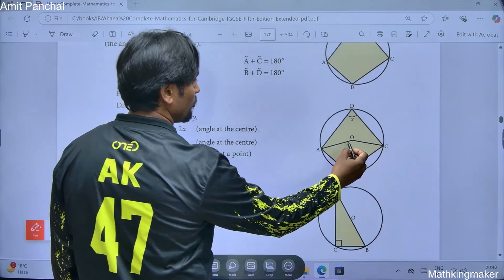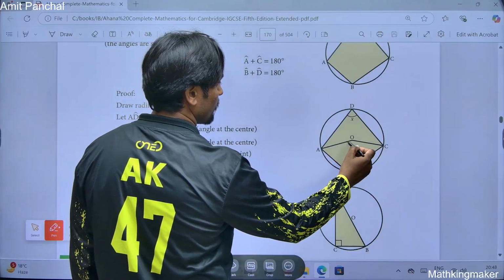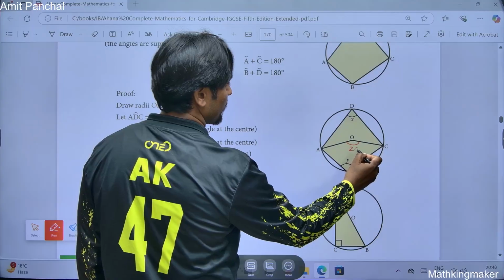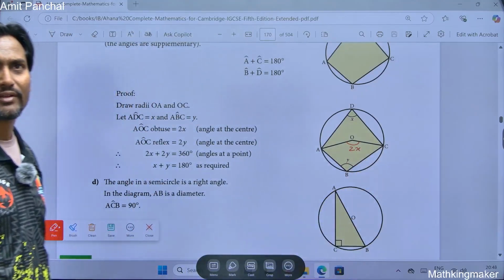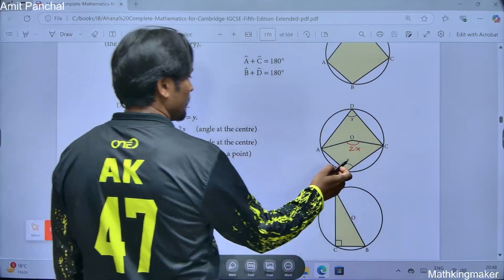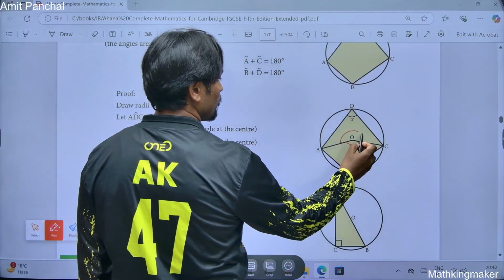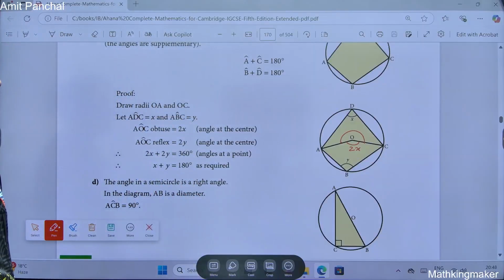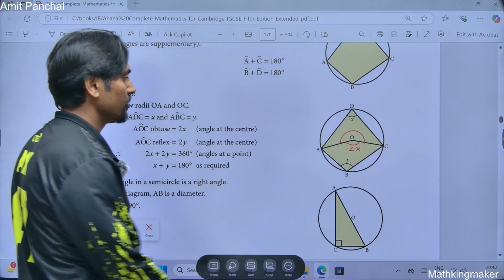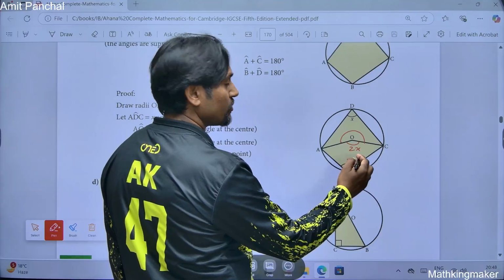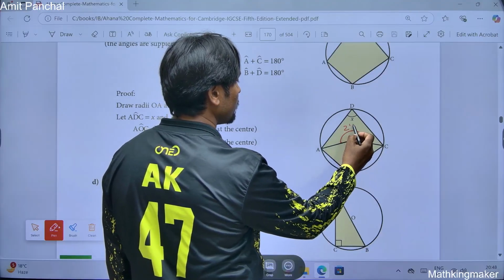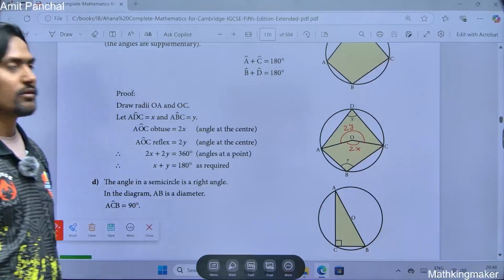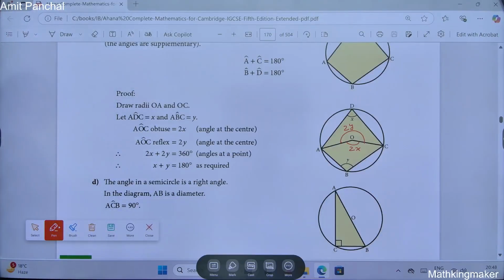So how much should it be? And this angle is also being made at the center, so that will be 2y, because it is the reflex angle.